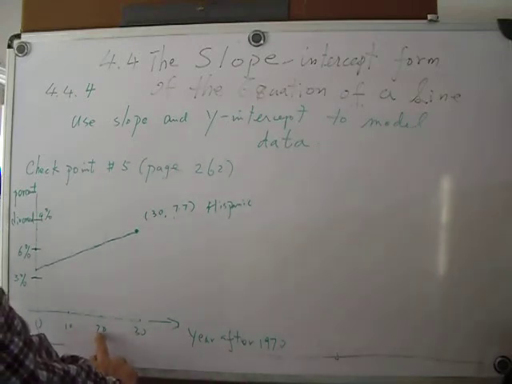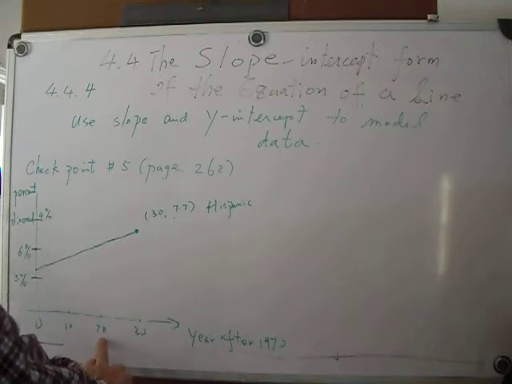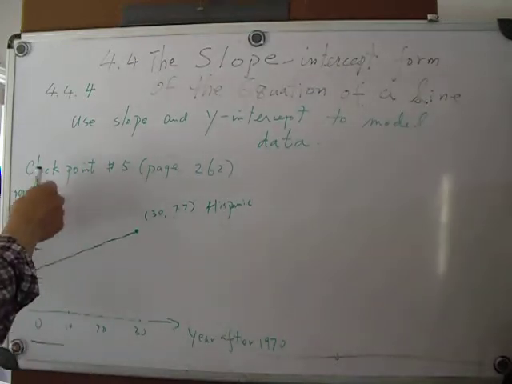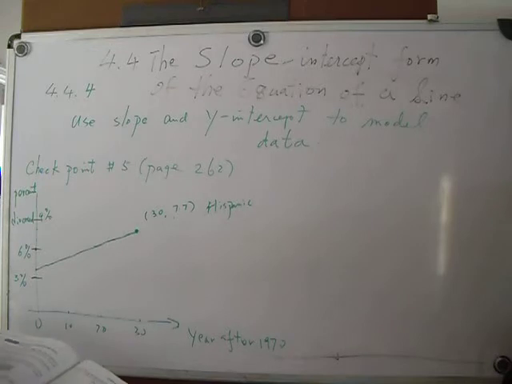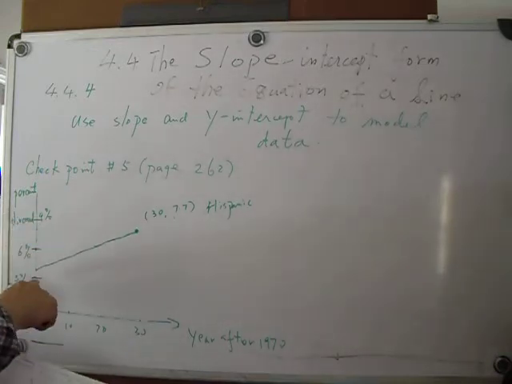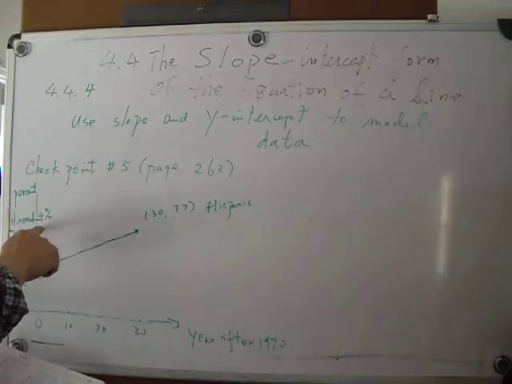So that's our x-axis: 10, 20, 30. And the vertical axis, the y-axis, is labeled percent divorced: 3%, 6%, 9%.